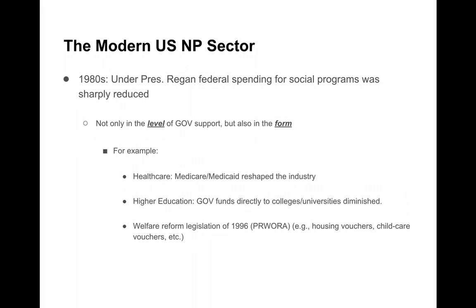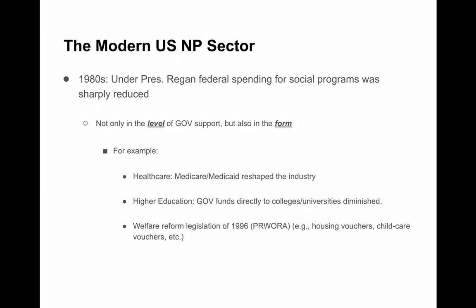And in the 80s, then U.S. President Ronald Reagan also spent on social programs, but the funding was sharply reduced, right? Not only in the levels of government support, but also in different forms, such as healthcare, higher education, welfare, etc. Especially I want to talk about higher education, right?